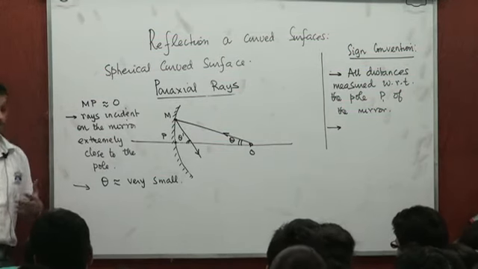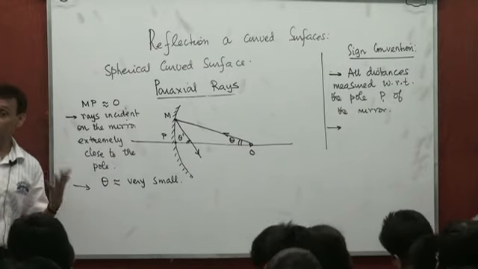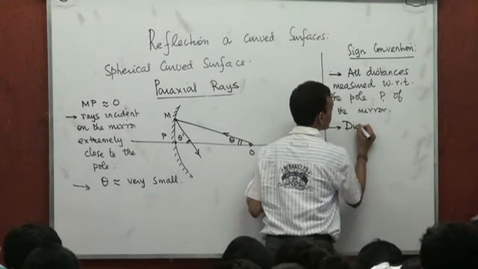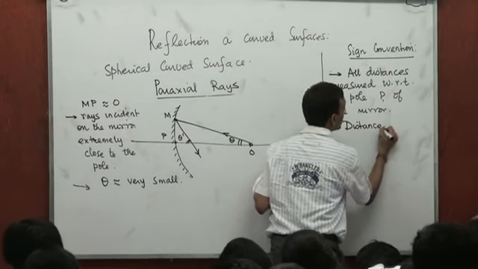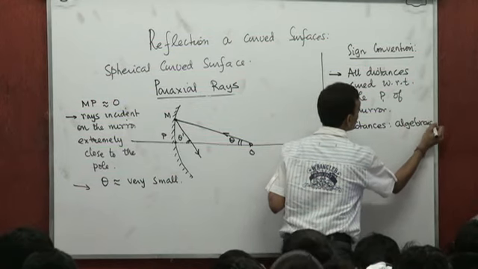Next, these distances would be algebraic. All distances measured from the pole would be algebraic.